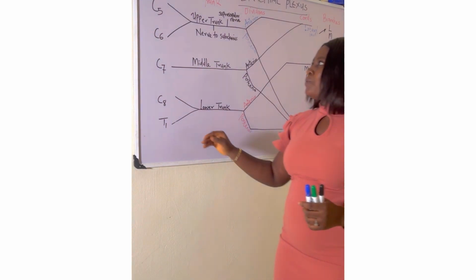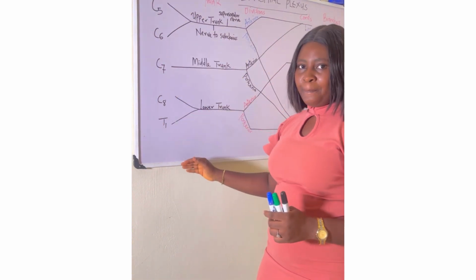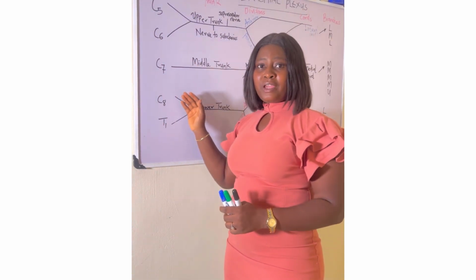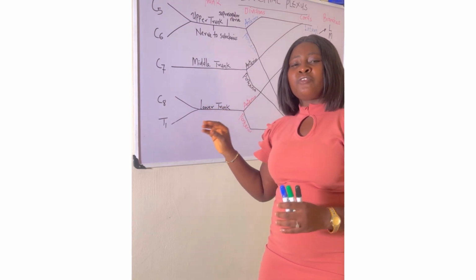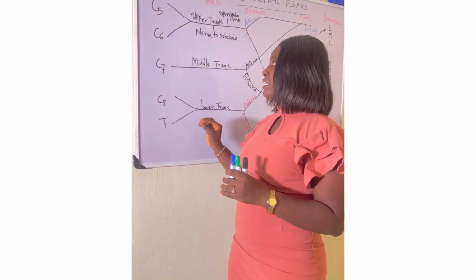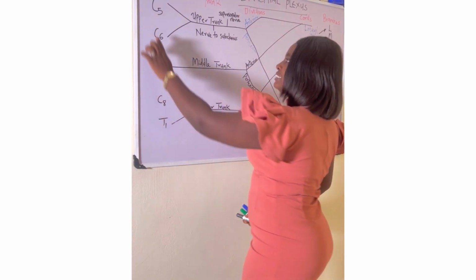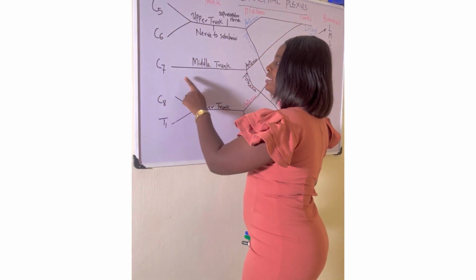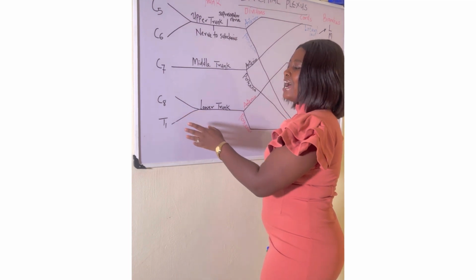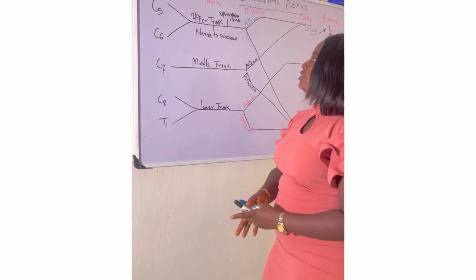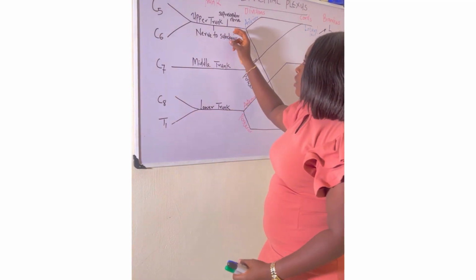So the first one are the roots of the brachial plexus. Remember I said that the brachial plexus arises from the union of the anterior rami or branches of C5 to T1. So the roots we have are C5, C6, C7, C8, and T1. So these roots form the trunks.